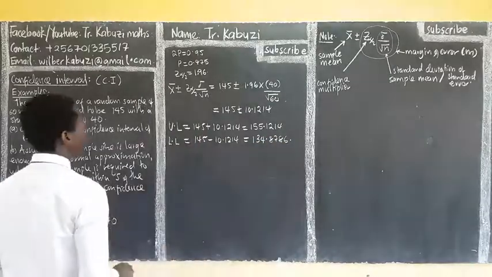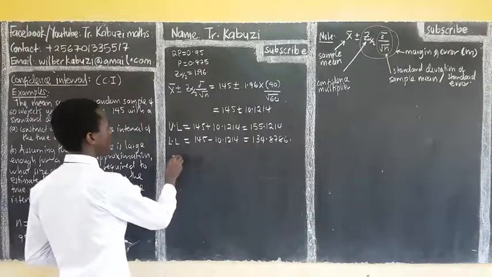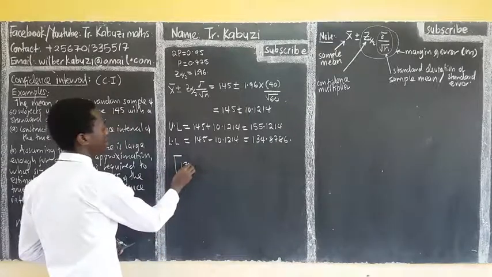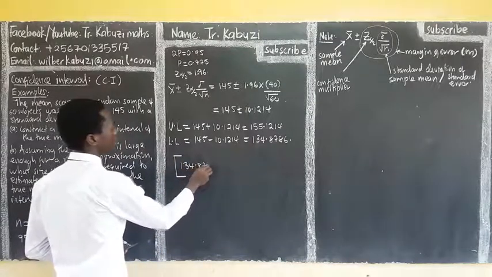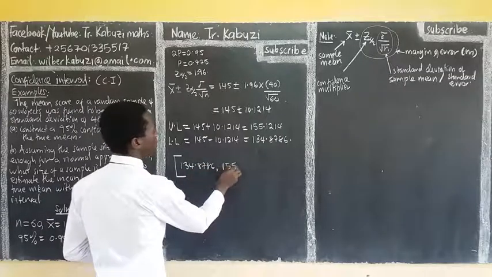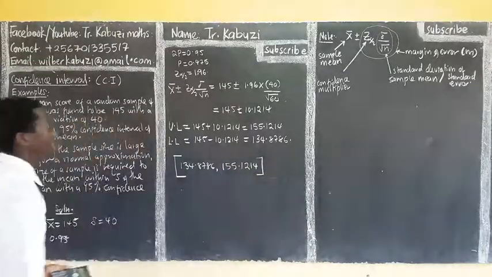So now our interval, you give it in square brackets: the lower limit, 134.8786, and the upper limit, 155.1214. So that is our interval.